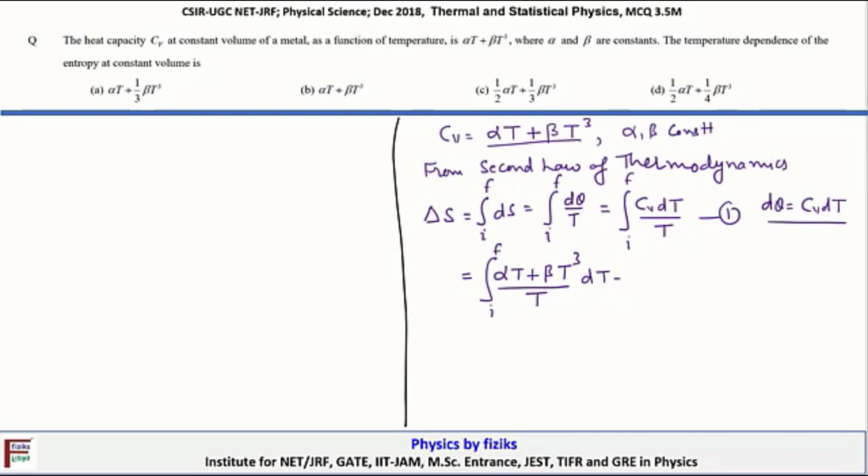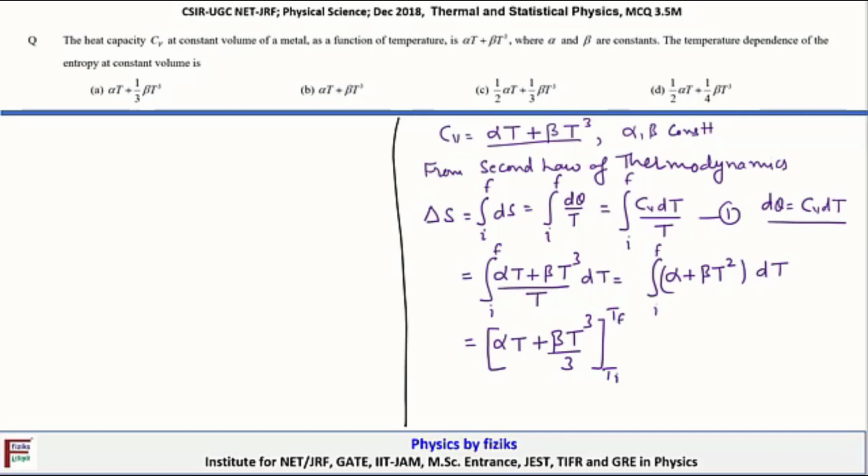Now the temperature in the numerator cancels with the temperature in the denominator. So this is further equal to the integral of alpha plus beta T square dT, or alpha T plus beta T cube by 3, from some initial temperature Ti to Tf.